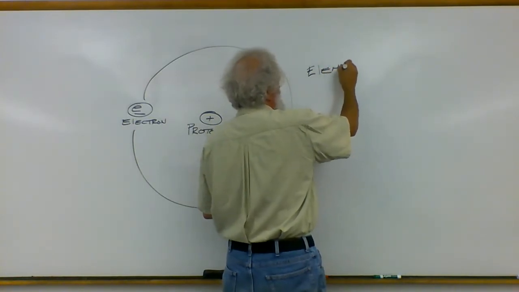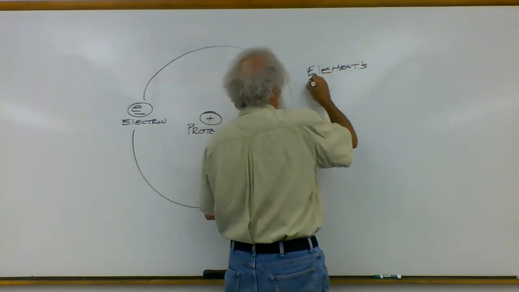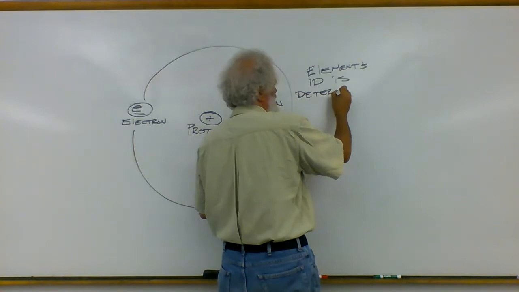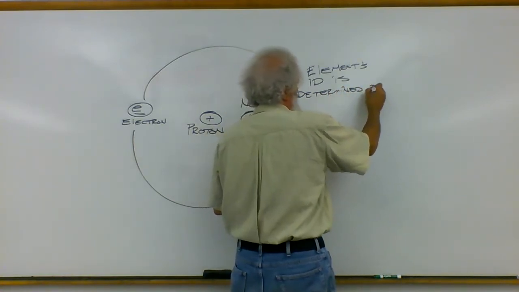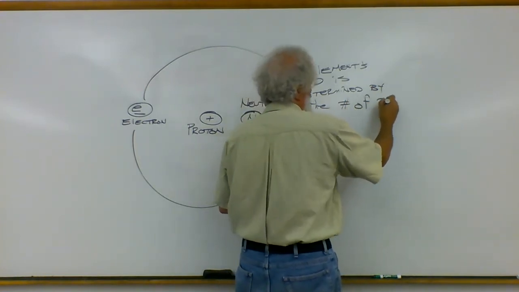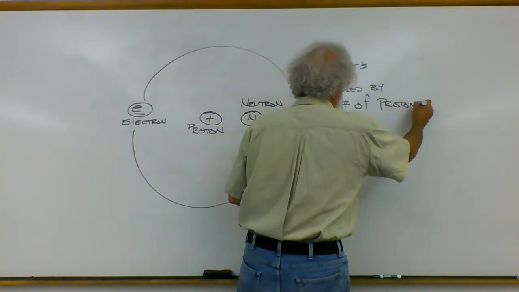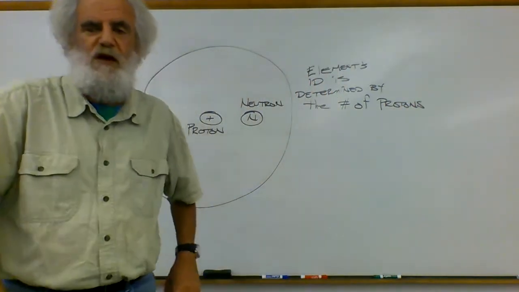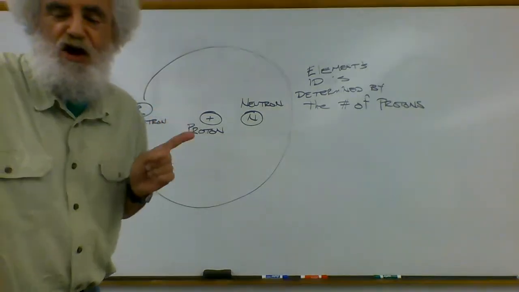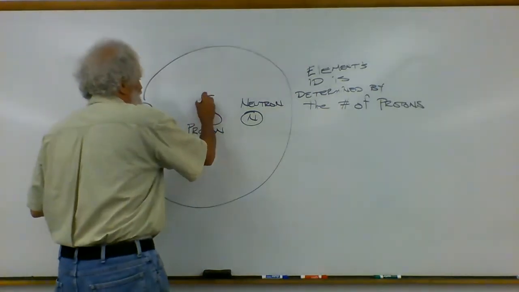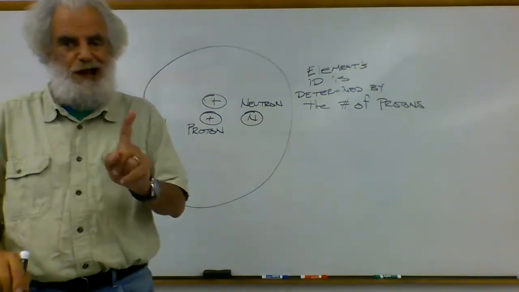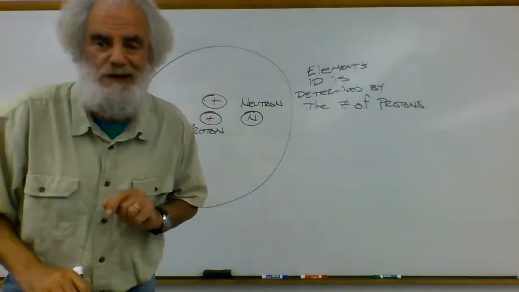An element's identity is determined by the number of protons in the atomic nucleus. All right, so what that means is if we add another proton here, we've changed the element. We went from one proton, hydrogen, to two protons, helium.